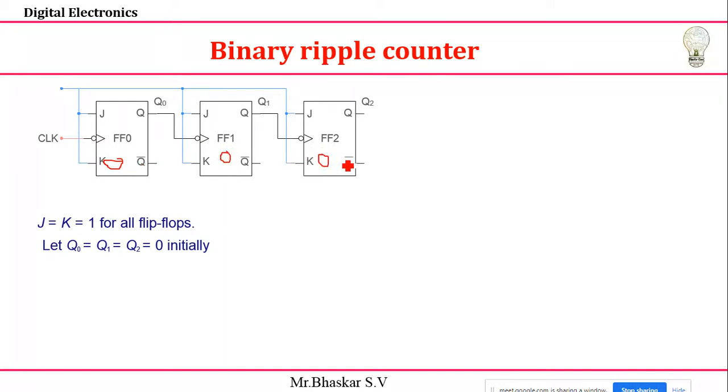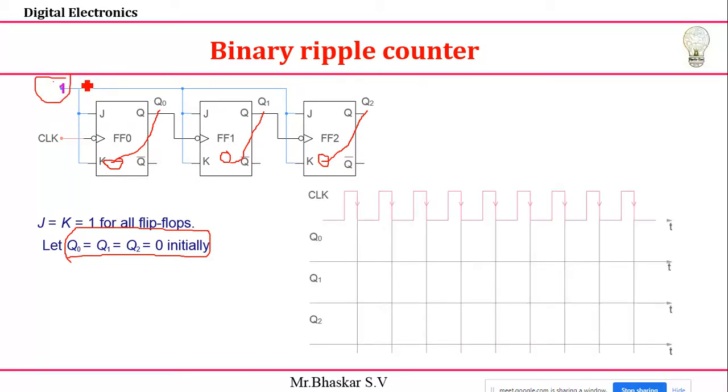Then the outputs Q0, Q1, Q2 are initially 0. And next, J and K are equal to 1 for all flip-flops. You can observe here. Once I did this connection, let's move on to the analysis.